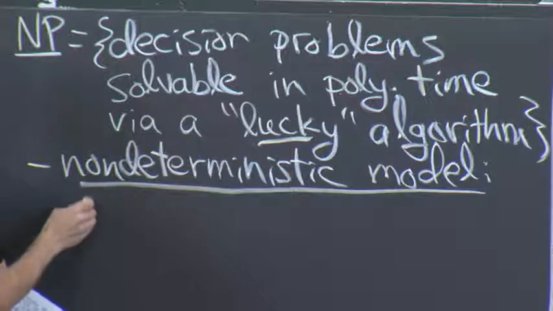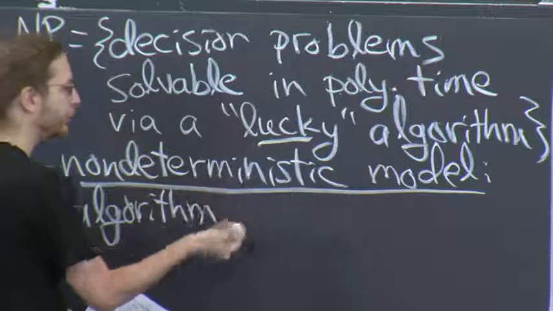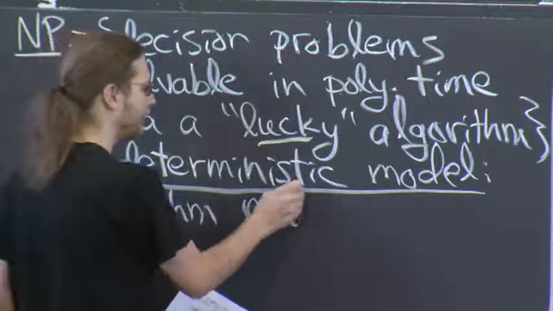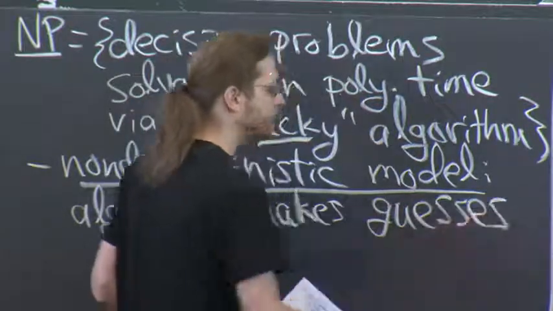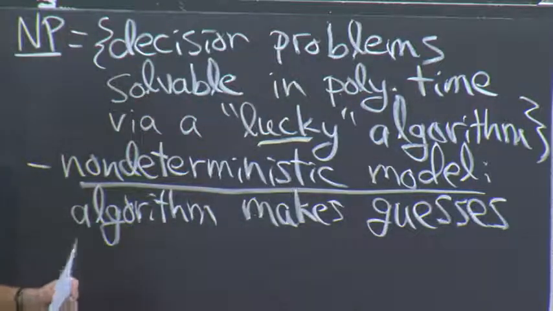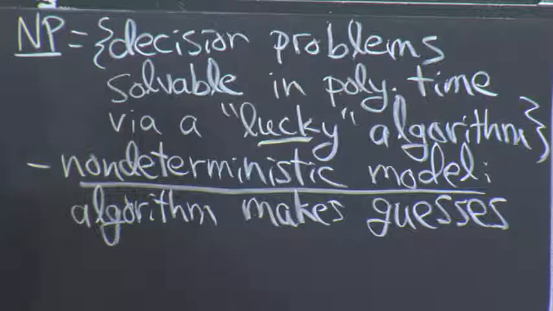So in this model, an algorithm can compute stuff, but in particular, it makes guesses. So should I do this or should I do this? And it just says, it doesn't flip a coin. It's not random. It just makes a guess. Well, I don't know. Let's go this way. And then it comes to another fork in the road. It's like, well, I don't know. I'll go this way. That's the guessing. Okay? You give it a list of choices, and somehow a choice is determined by magic, non-deterministic magic.